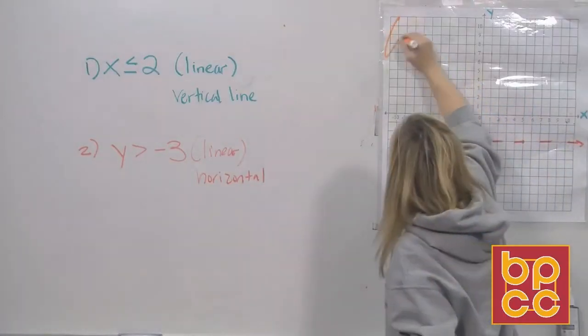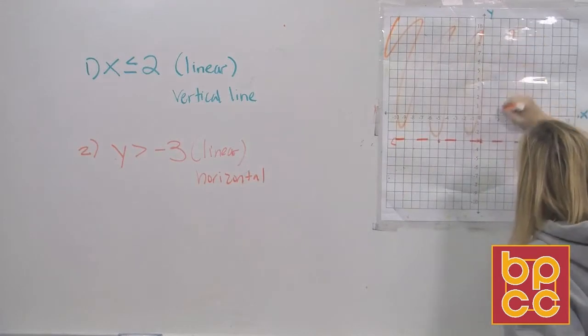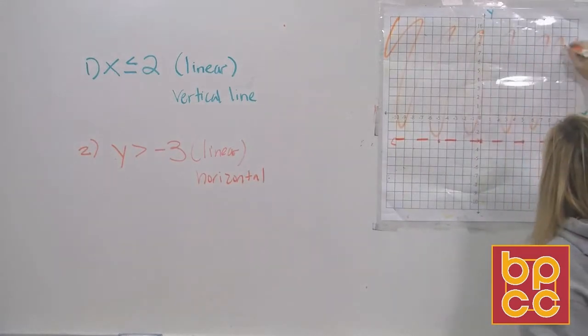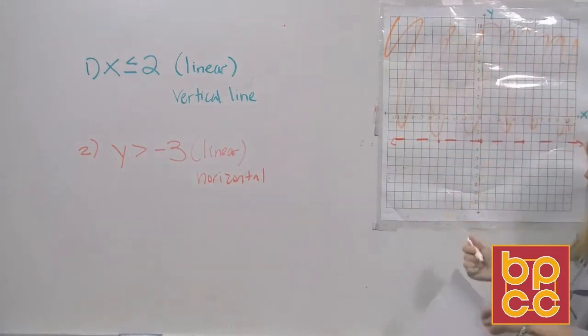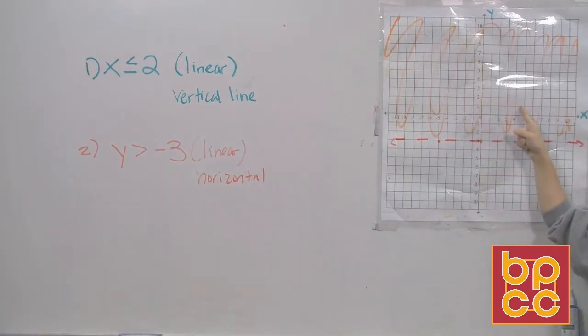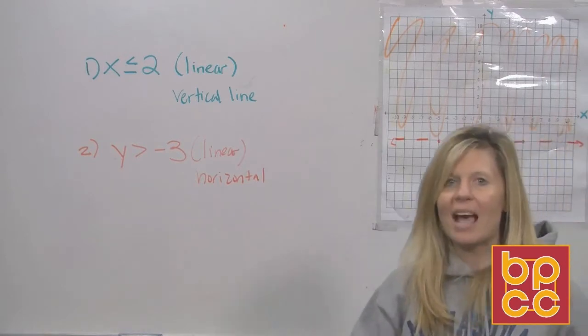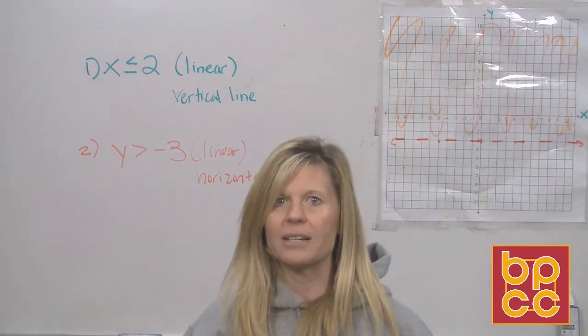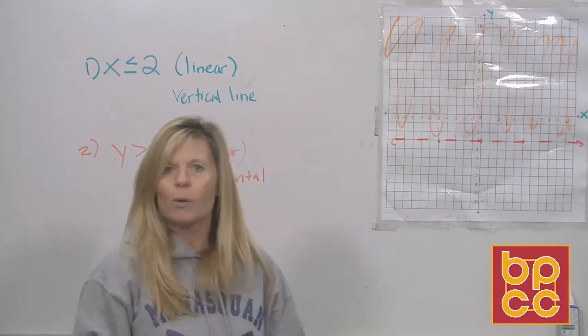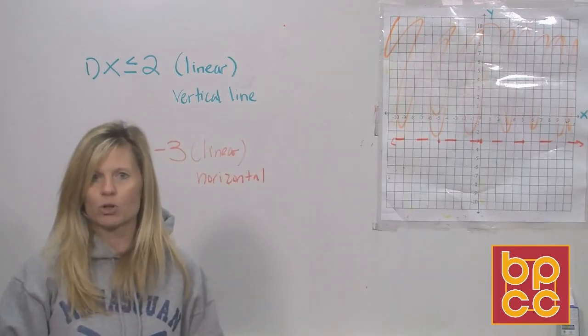So then you would take your highlighter and color all of this in. There is no way on earth you can list me every y value of every point that's greater than -3. So this is a visual picture of where all the points are located that have y values bigger than -3. So all we did was review and add a little bit more to it.